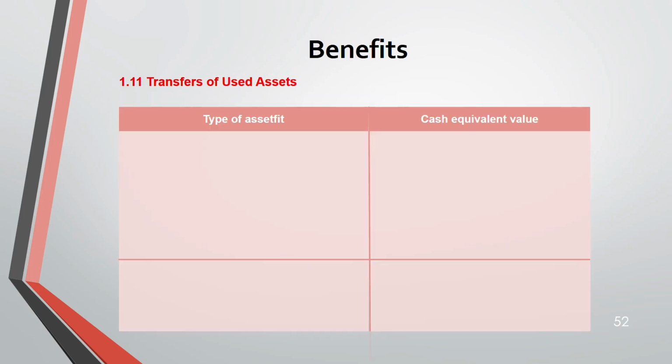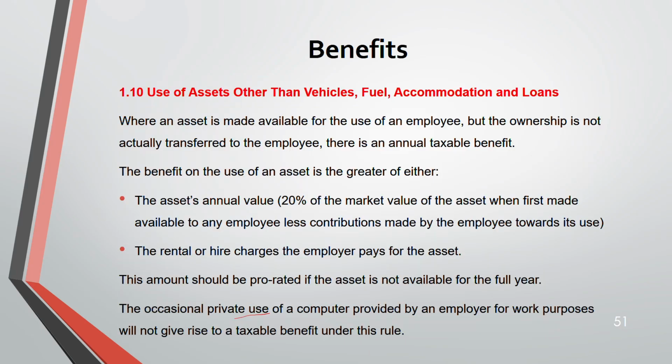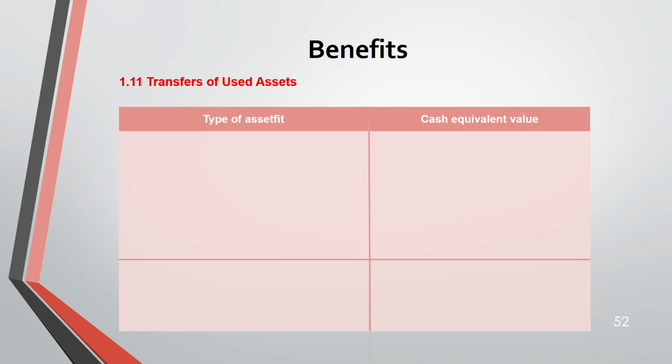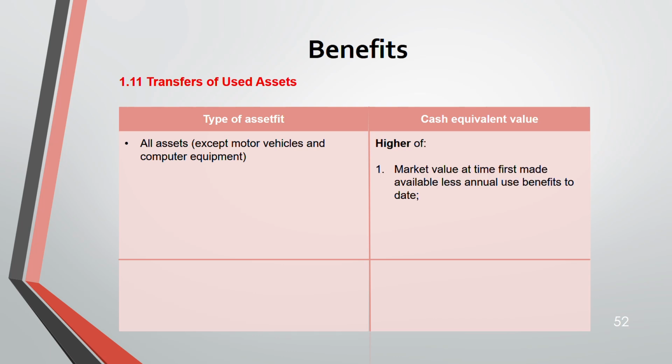Now, transfers of used assets. Remember, use of assets and transfer of used assets are different. So here, the type of assets and their cash equivalent value. All assets will fall here except motor vehicles and computer equipment. Then the cash equivalent is the higher of the market value when first made available, less any annual use benefits to date, or the current market value, whichever is higher.